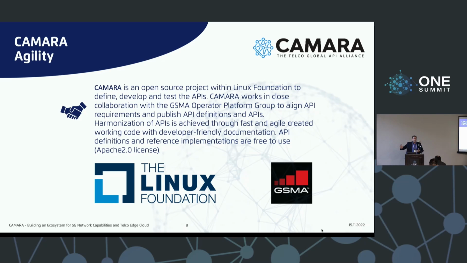But then there was another group of operators that said, nope, we don't do anything in our network until it's fully standardized and double-checked, triple-checked, quadruple-checked. And so we said, well, how do we actually solve this problem? How do we make these APIs available and meet the needs of all of the operators?